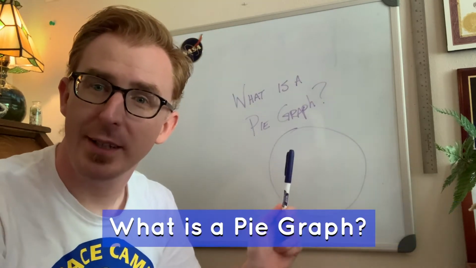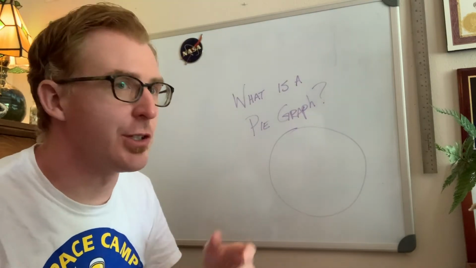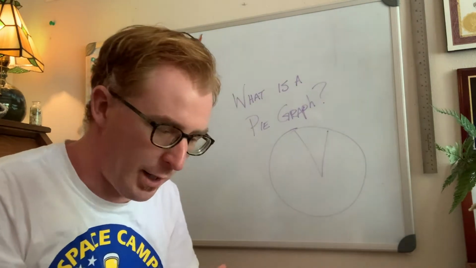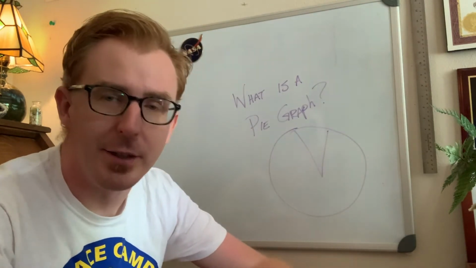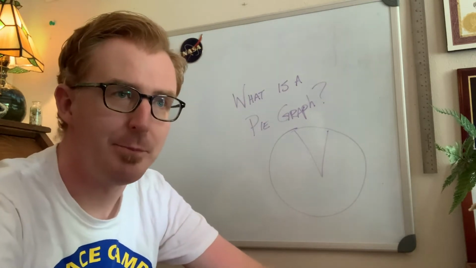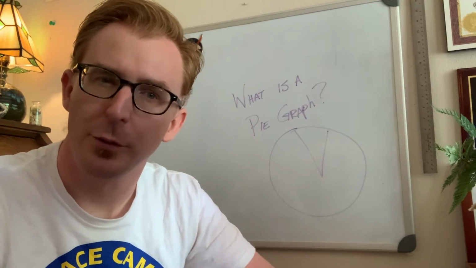I'm your host, Joseph Vick, with today's topic, what is a pie graph? Now, a pie graph is a special graph that uses pie slices of pie, just like when you have a cherry pie that you eat, you get a proportion or section of that pie. And in a pie graph, it's the same sort of feel.